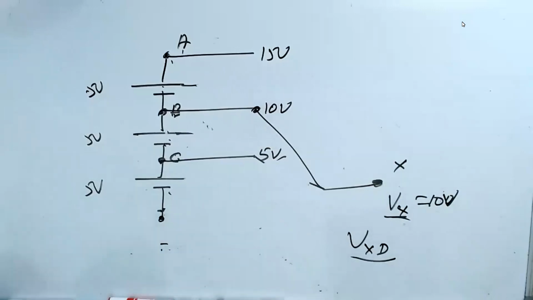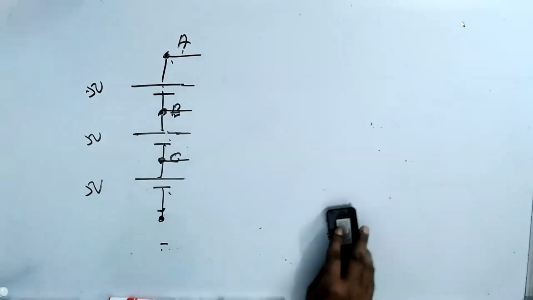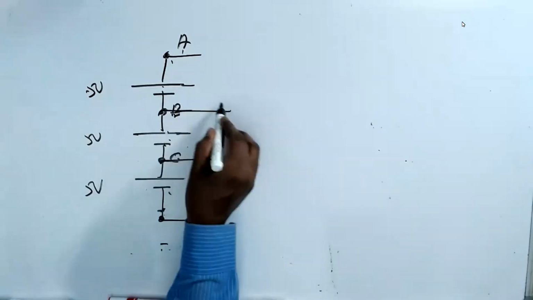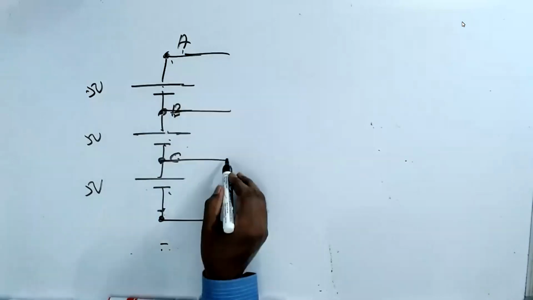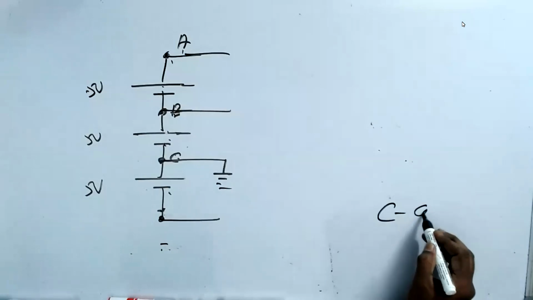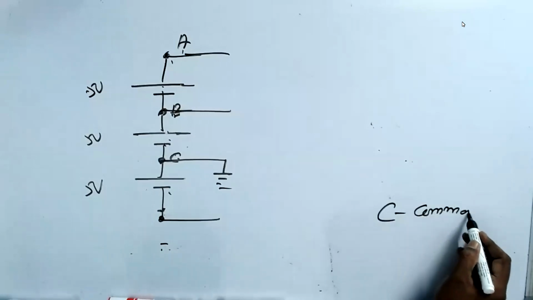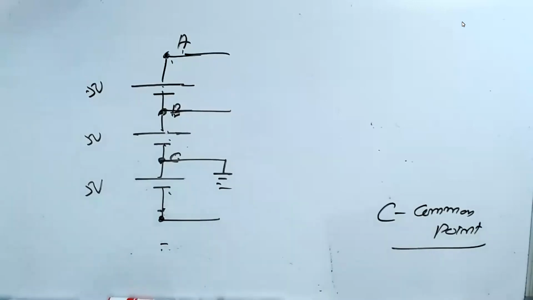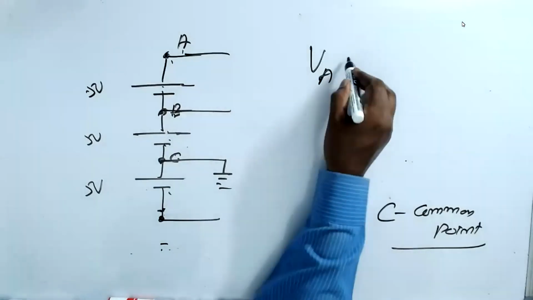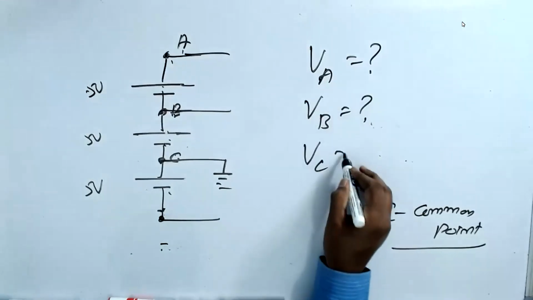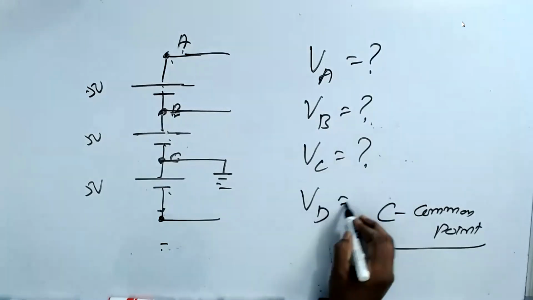Now let us do another small thing here. Let's see how you respond. I have every point A, B, C, D. Now I make C a common point. Now if I ask you what is VA, VB, VC, VD, how much?